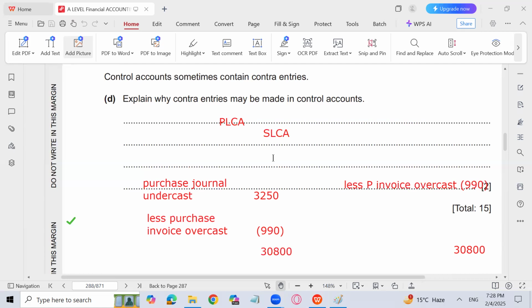So we cancel the lesser amount, because now he is no more my trade payable. So PLCA or trade payable is going to be debited, decrease in liability, and SLCA is going to be credited because he is no more my trade receivable. So trade receivable is going to be credited. Same person. So we are basically cancelling out the things.